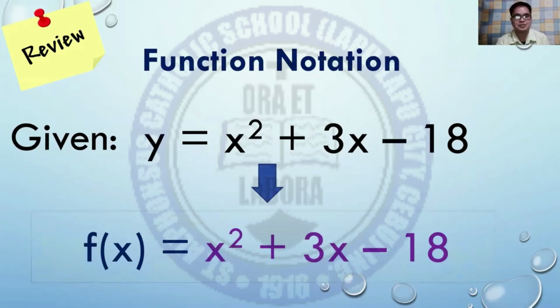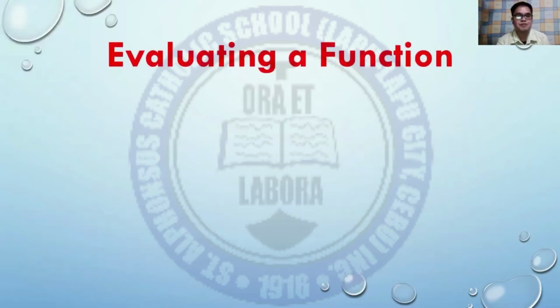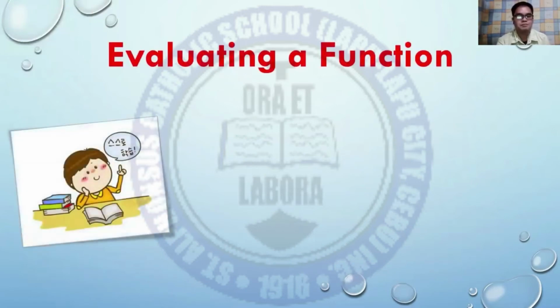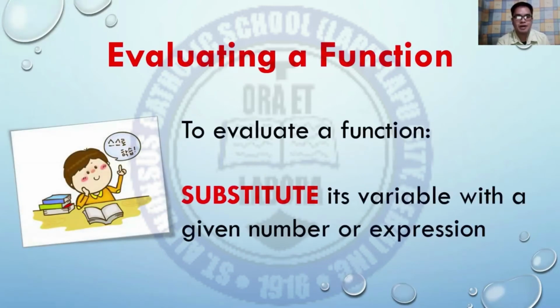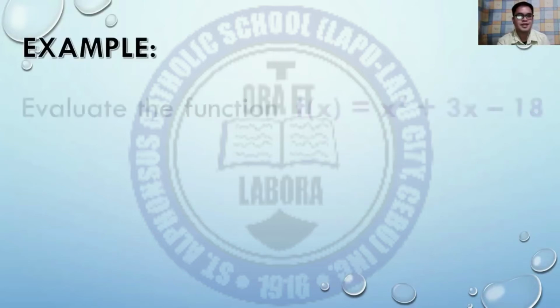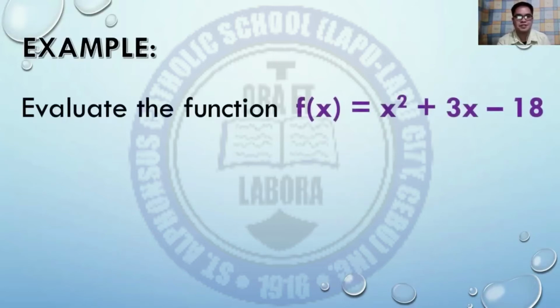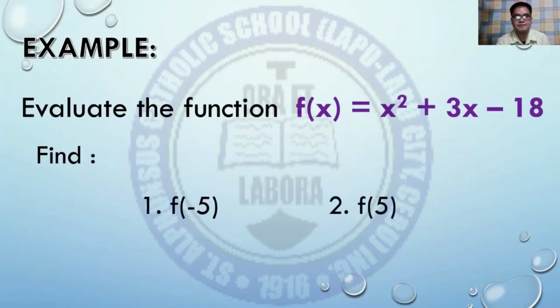This function notation will be used to evaluate a function. Please do not forget, to evaluate a function, substitute its variable with a given number or expression. Example: evaluate the function f of x equals x squared plus 3x minus 18. Find the value of f of negative 5 and f of 5.